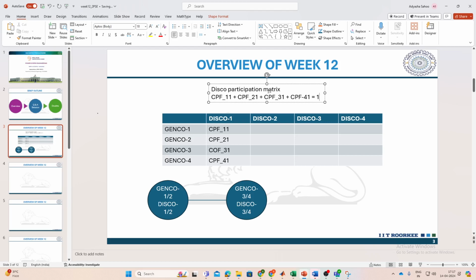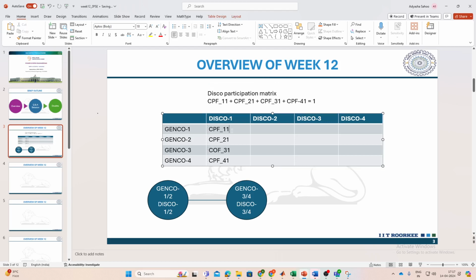Let us fill this matrix with actual values, similarly for DISCO 2, 3 and 4 also. Let's say here it is contracting 0.2, 0.2. It can be 0 also. Then 0.6, so you can see it is summing to 1. Similarly here, 0.3, 0.1, 0.5, then 0.1.